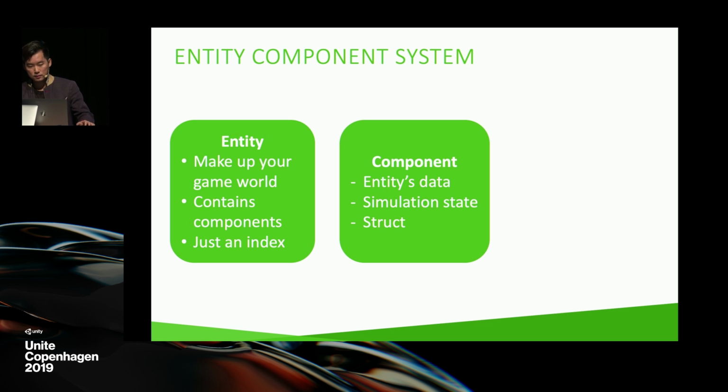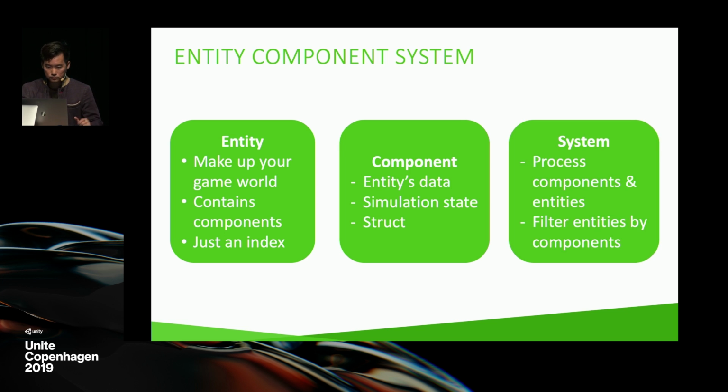In terms of implementation, it is modeled as a struct, which is a bit different from the regular C# class. You can only use simple blittable types like a float or an int. Last time I tried, it doesn't even support string. So it's kind of simple in this regard. The system is where I bring behavior into the simulation.